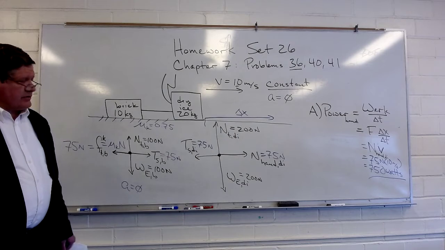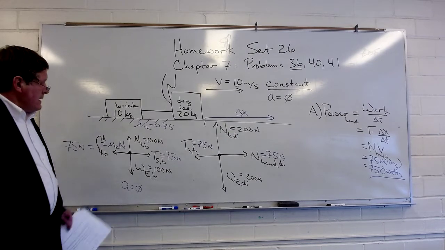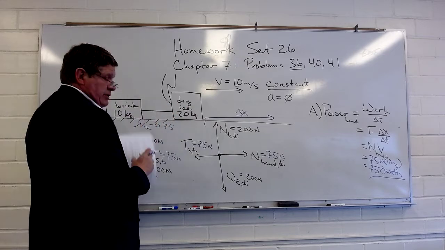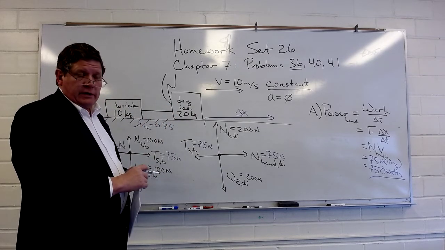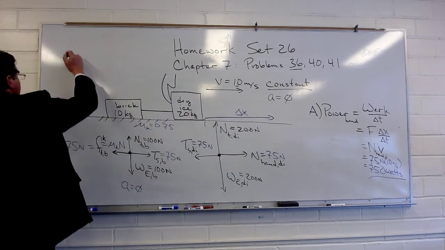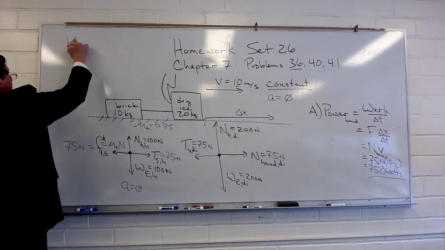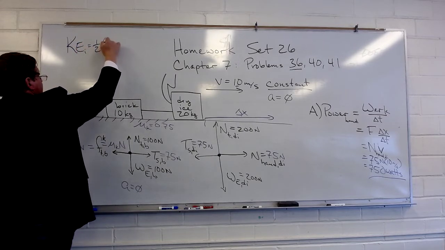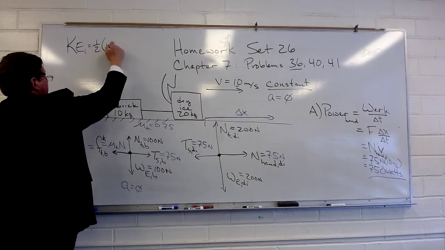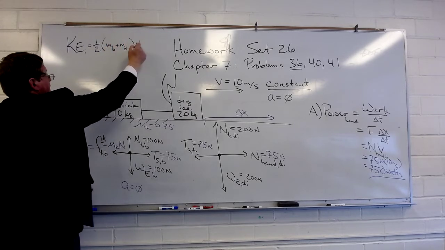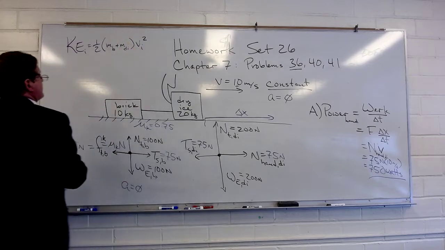before it stops. Now, because these are moving together, the dry ice and the brick, I can treat them as one unit, as one thing. And the initial kinetic energy of that one thing is going to be 1/2 times the total mass, which is the mass of the brick plus the mass of the dry ice, times the speed that they're going squared.